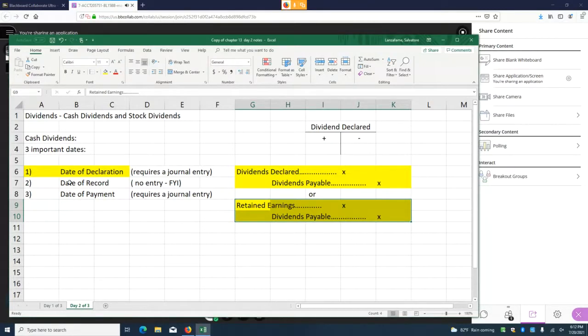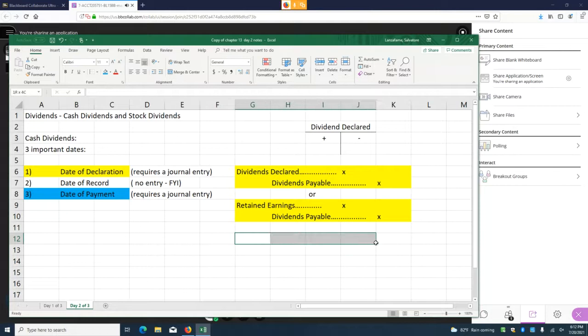There is no journal entry on the date of record, but when it's time for the date of payment, and I'll put that in blue, I like to use the expression getting rid of the bull, pay a bull. I use it when we get into stock dividends, except we're going to have something called stock dividends distributable.